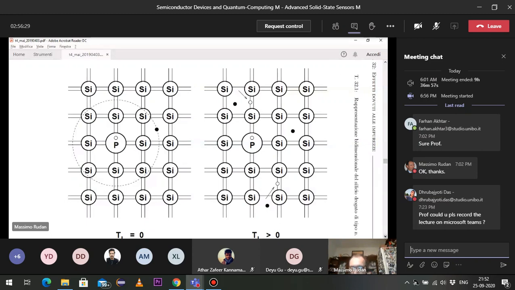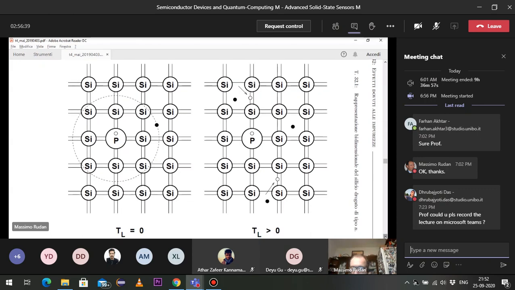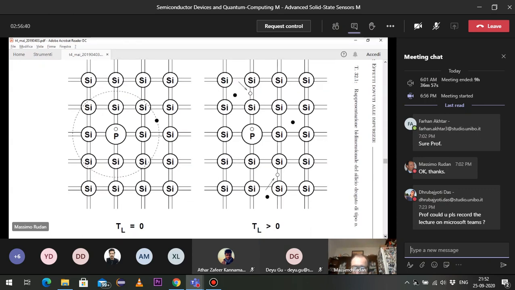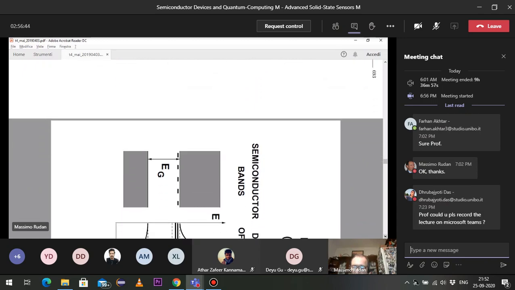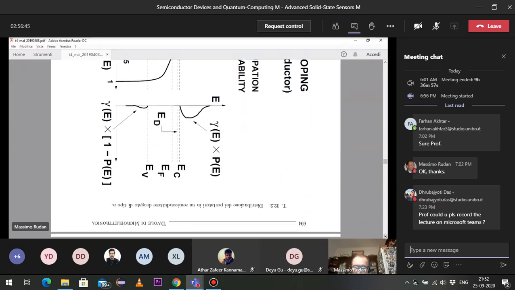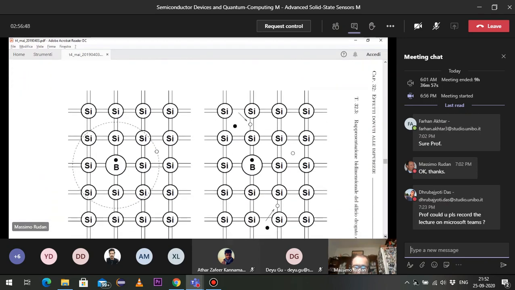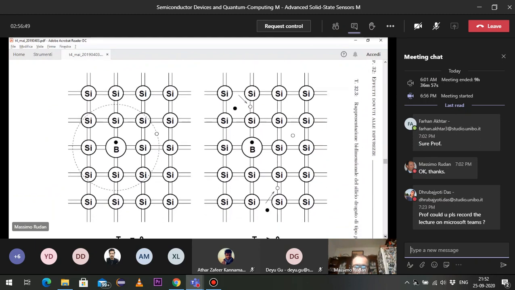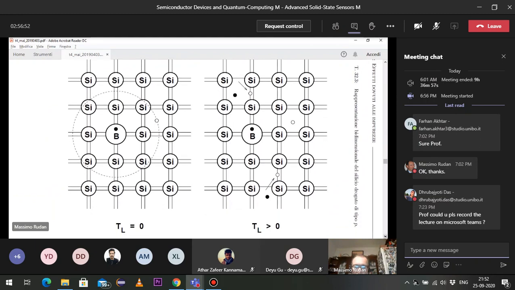What I want to do is, what happens if instead of using a material like phosphorus that belongs to the fifth column of the periodic table of elements, we use a material that belongs to the third column. A typical example is that of boron.